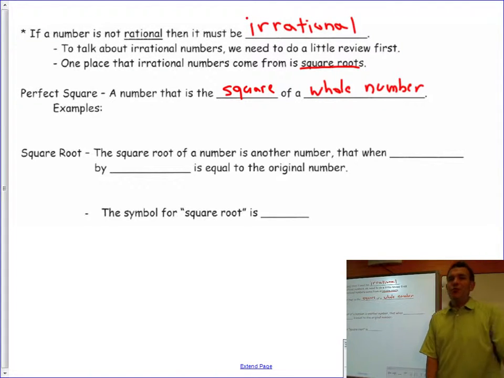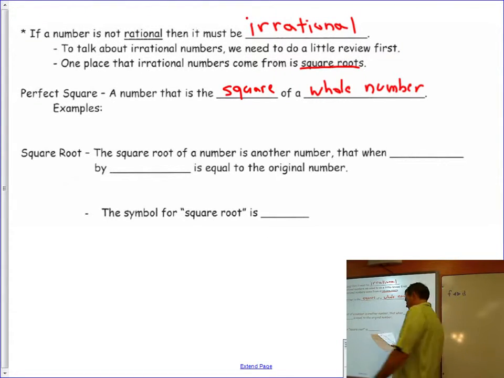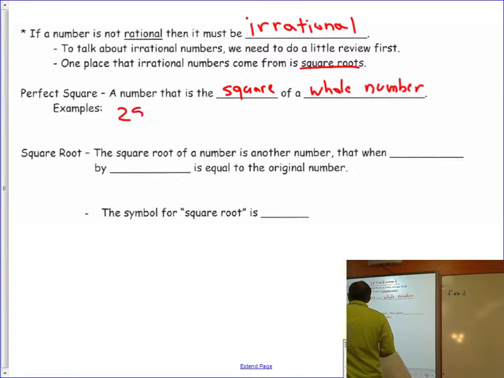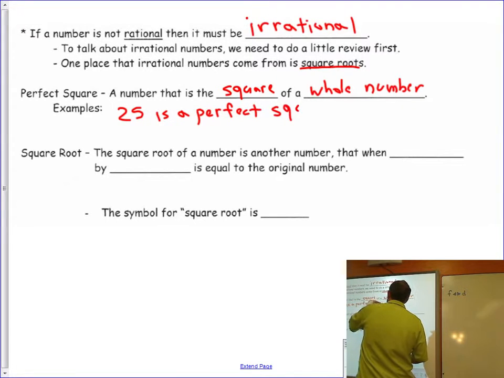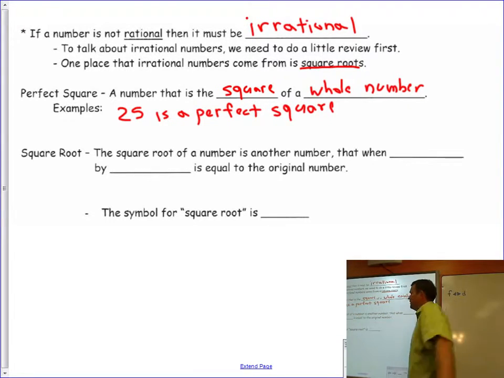I will just do one example. For instance, 25, I claim, is a perfect square.